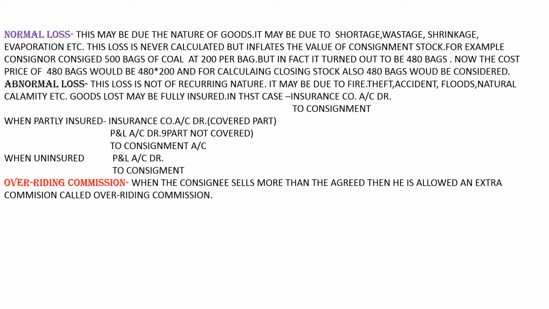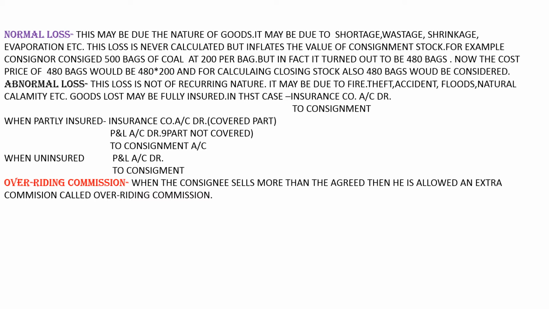Now we are considering normal loss and abnormal loss. Normal loss may be due to the nature of the goods, because some goods are of such nature that they lose their weight due to change of seasons.